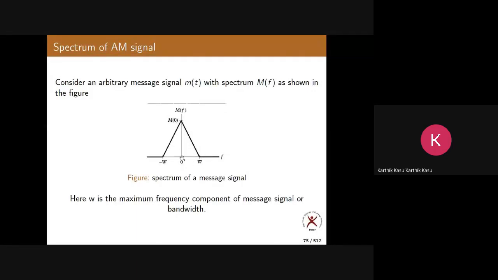Now what is the bandwidth? W. From now onwards, for every spectrum, whatever is on the right hand side, the same thing will be on the left hand side. Suppose here you have a line, there should be a line on the negative side also. Whatever we draw on the right hand side, the same thing has to be drawn on the left hand side also.